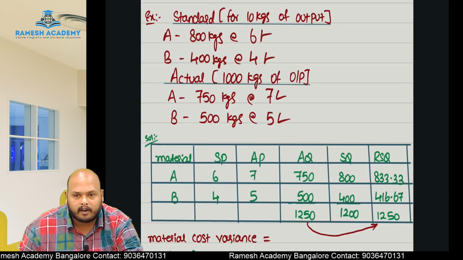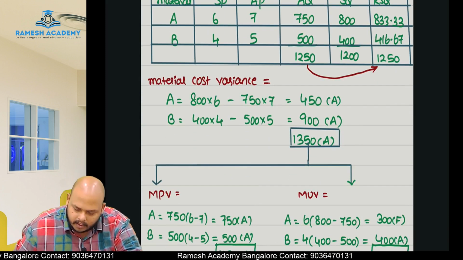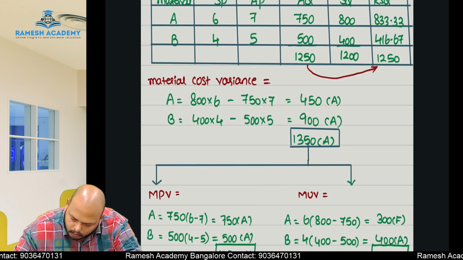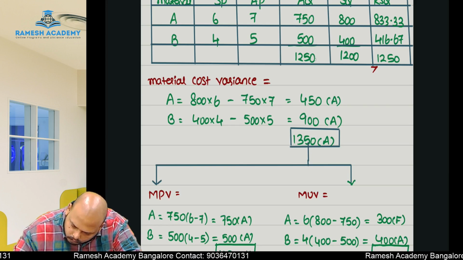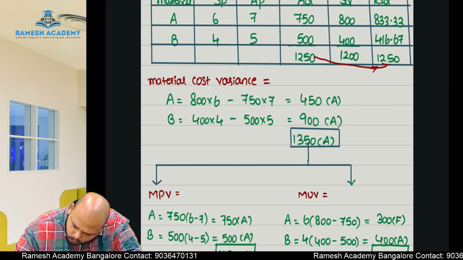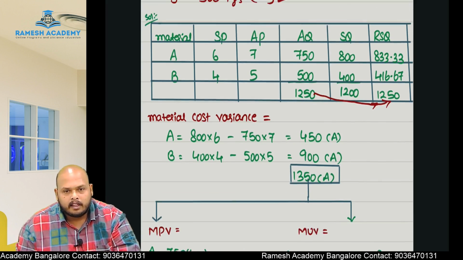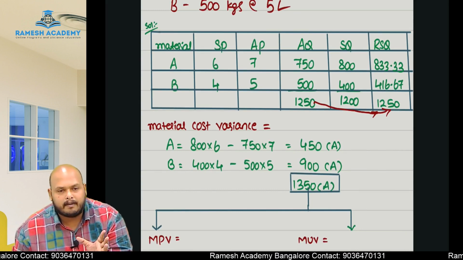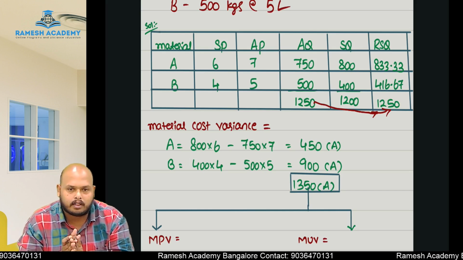Now let us see the formulas. Material cost variance is equal to, what is the concept here? The difference between the expected standard cost and actual cost is called a cost variance.